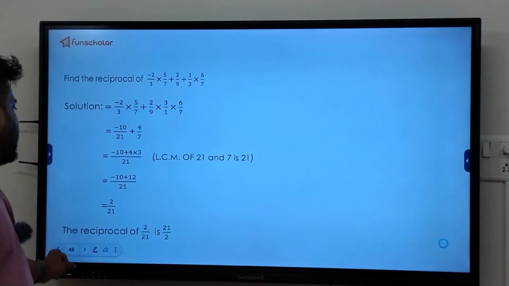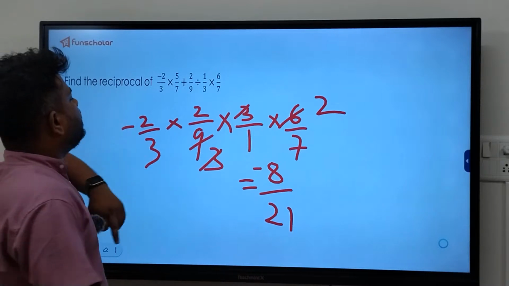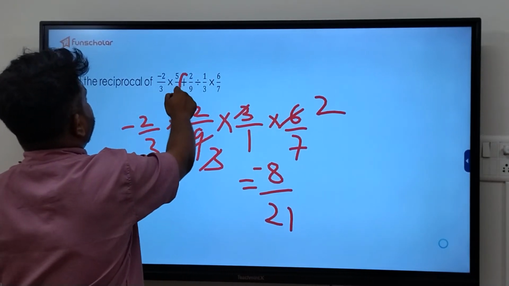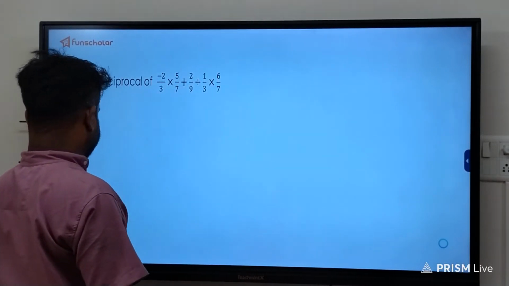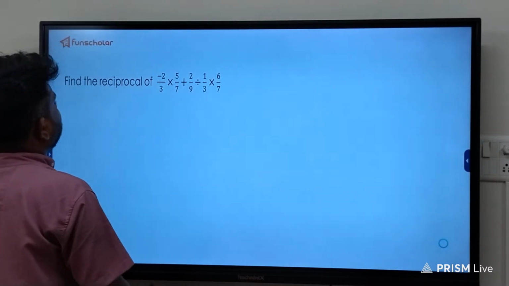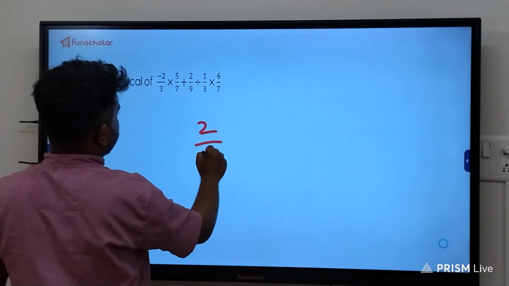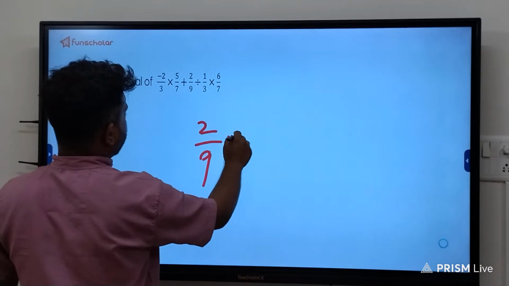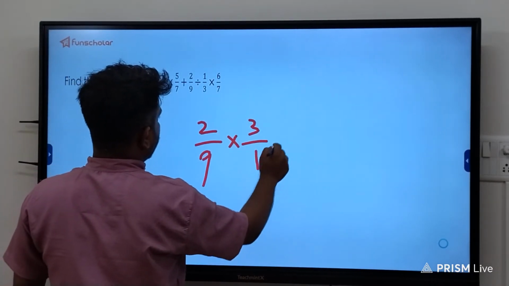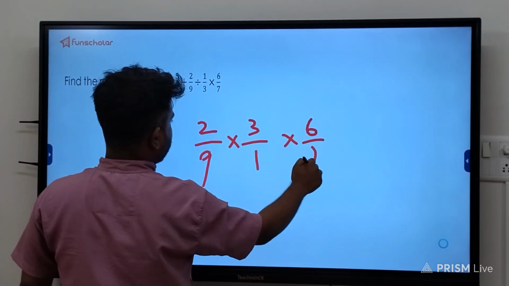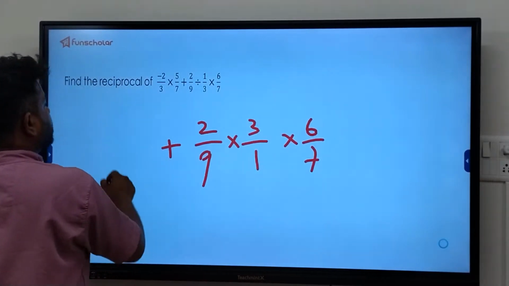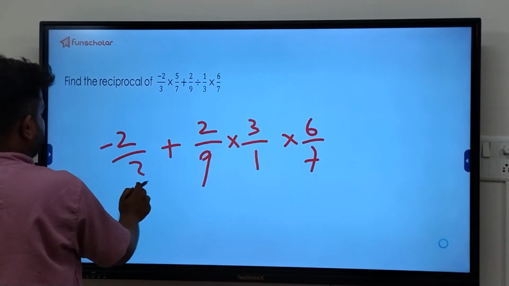Oh, sorry. We didn't notice the plus sign. If we take the plus sign here, it will be plus. So it will be 2 by 9 into 3 by 1 into 6 by 7, and this was a plus sign, not a multiplication sign.